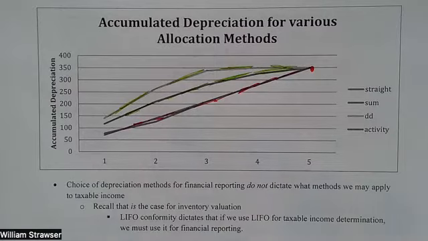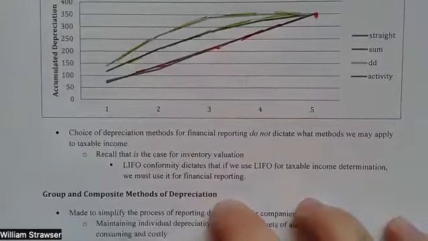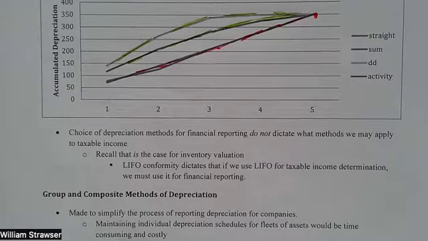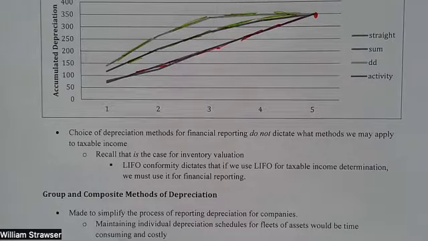And as a note, when we were studying inventory, I told you that if we choose something like LIFO to report our taxable income, because we like having a significant reduction in our taxable income with LIFO inventory accounting through cost of goods sold, then we absolutely have to report using LIFO.